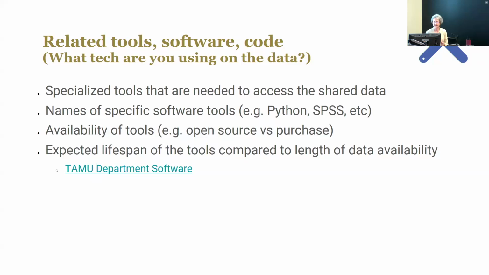So it's not a limitation. Again, you're just saying this is what we're doing. I have a link here. I won't bother clicking on it, but Texas A&M's departmental software has a huge laundry list of many, many, many tools that are available through the university and what their lifespans are and length of availability and so on. So that can be a tool if you need to know about lifespan of statistical software or something like that.